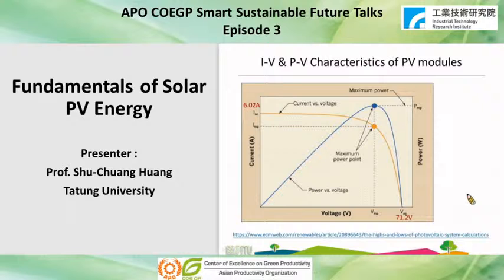And then you can multiply the voltage and current to have the power with respect to the voltage. So you can see that there's a peak, or the maximum output power. So we represent this power as P sub MP.